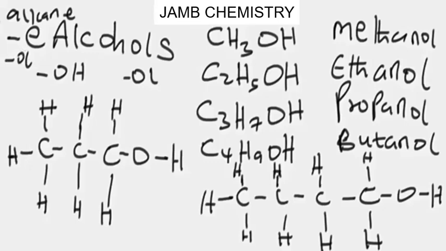Now, let's look at the properties of alcohols. The first four alcohols have similar properties, which include that they are flammable. When I say they are flammable, what I mean is that they undergo complete combustion in air to produce carbon dioxide and water.